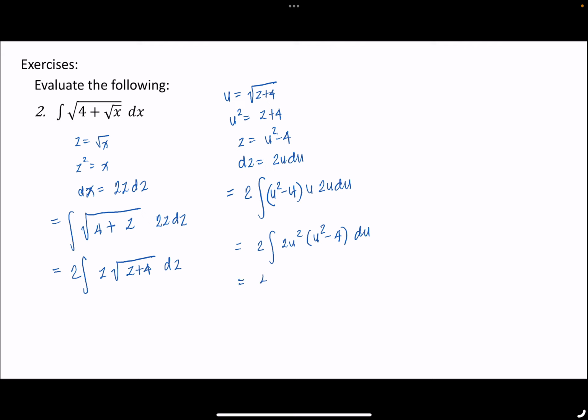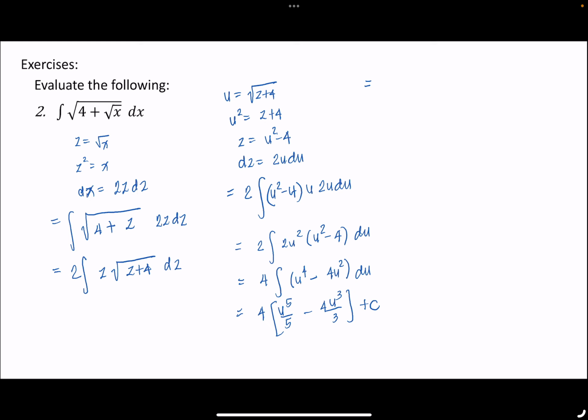So this would be 4 times the integral of u to the 4th minus 4u squared du. So this would be 4 times (u to the 5th over 5 minus 4u cubed over 3) plus c.